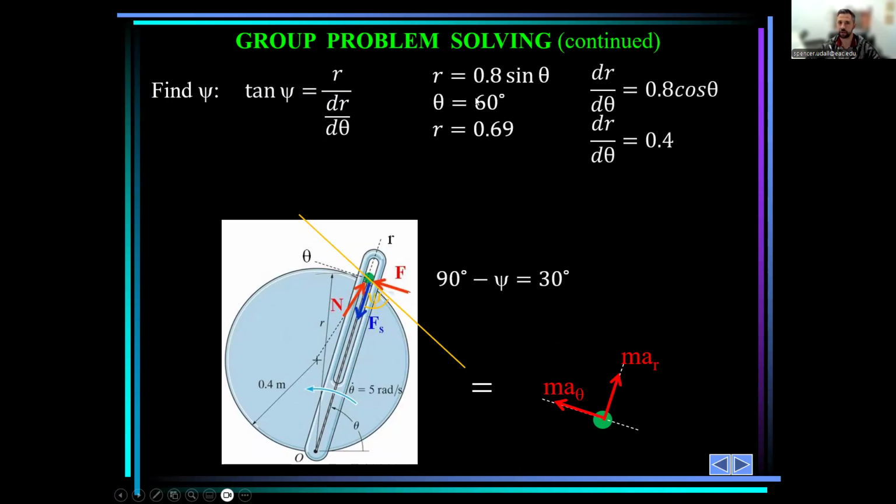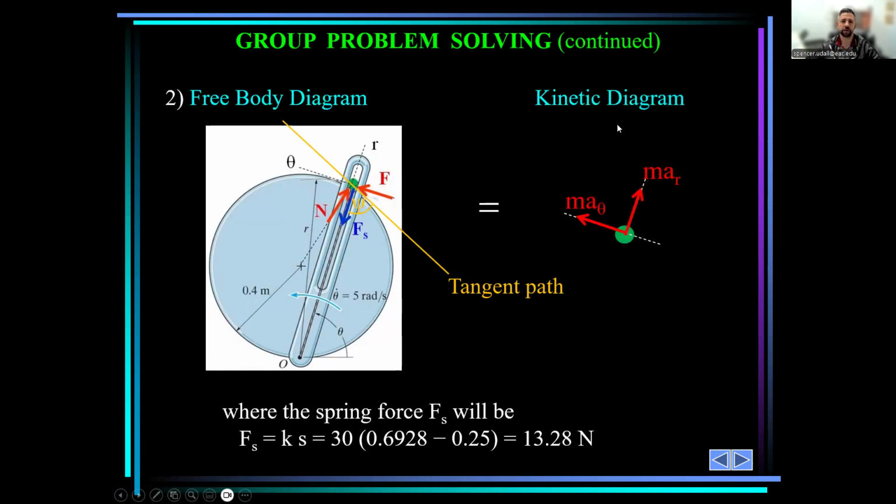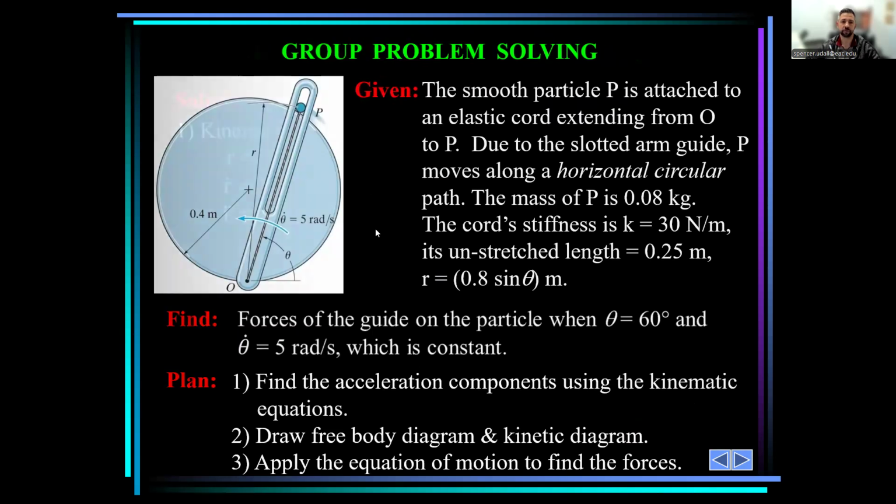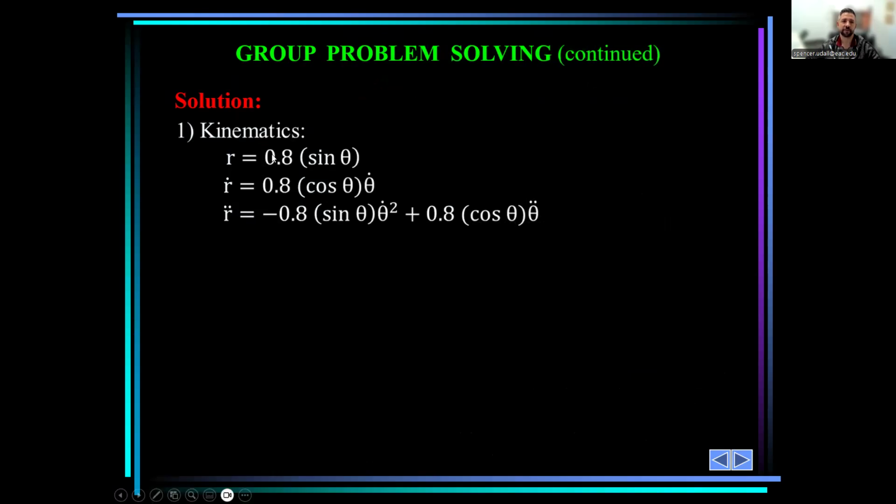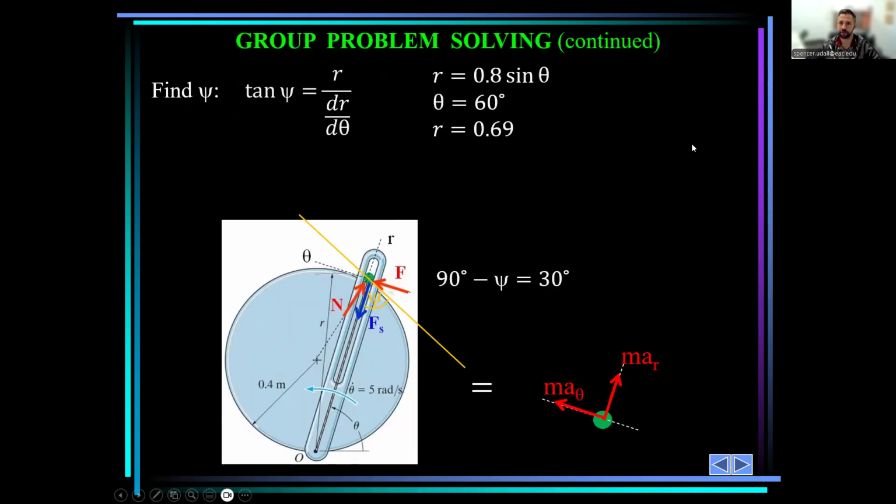Plug in cosine theta, and you've got, oh no, I'm doing some voodoo here. This is our R, 0.8 sine theta. You'd end up with 0.8 cosine theta. So they already did the derivative there. Plug in 60 degrees and you get 0.4. So why don't we have a chain rule here? Well, it's because we're doing this in terms of theta, not t.